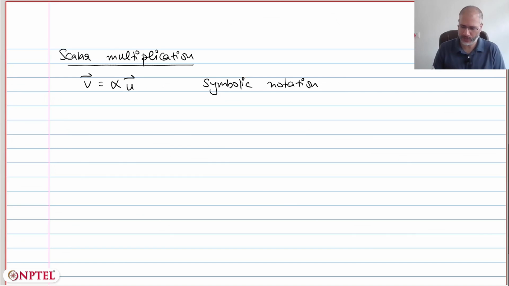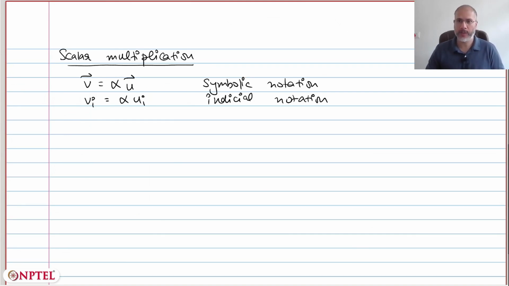Now if I write this in the index notation, this simply becomes Vi is equal to alpha Ui. And this is true for all values of i. Remember, this expression is general in i, in the sense that i can take any value from 1 to 3.